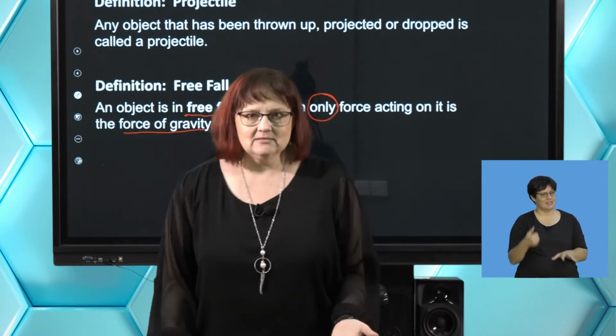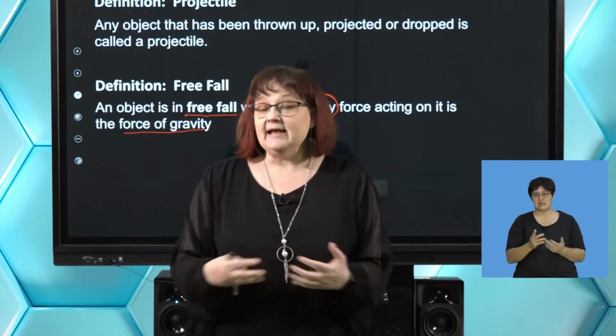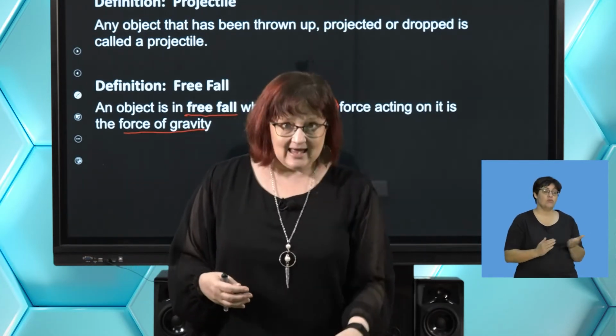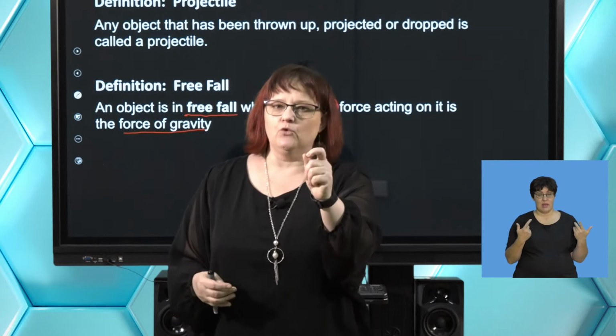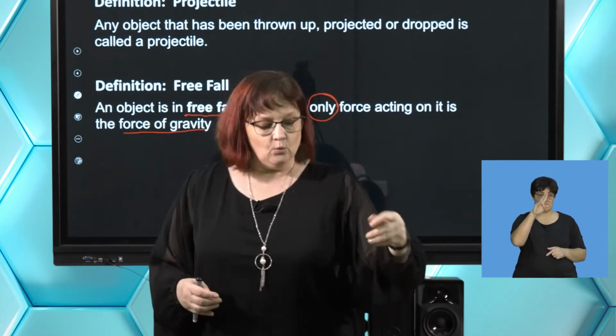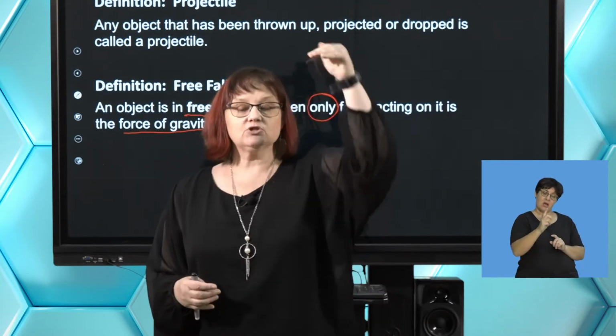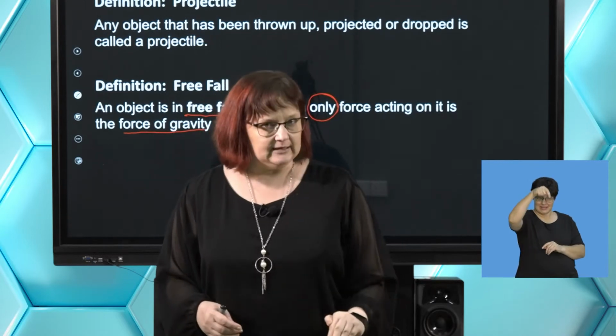Not in science. In science, when we talk about free fall, it's exactly what we said. It's any object that's moving through the air, but the only force on it is gravity. So when it's moving up, it's going to be slowing down, and when it's going down, it's speeding up.